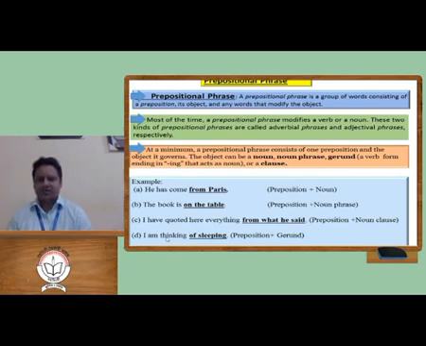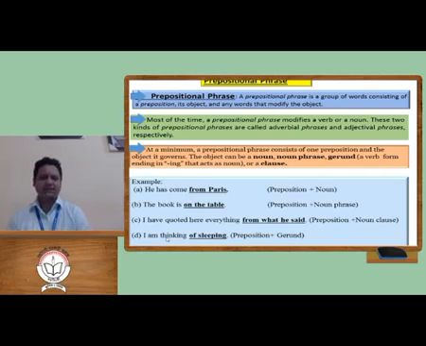Next example, example C: I have quoted here everything from what he said. From is the preposition. From what he said is a prepositional phrase. Here I have used preposition plus noun clause. What he said is a noun clause, so the object of the preposition is a noun clause here.